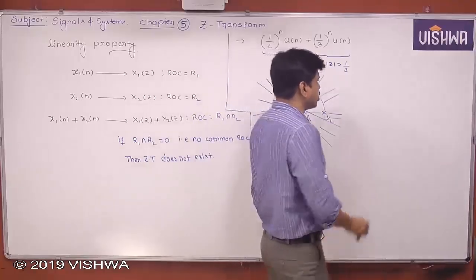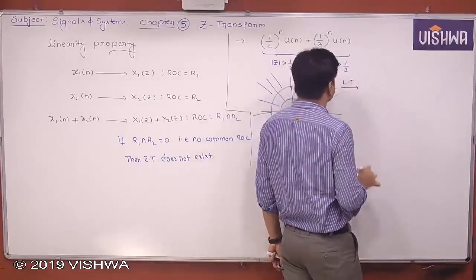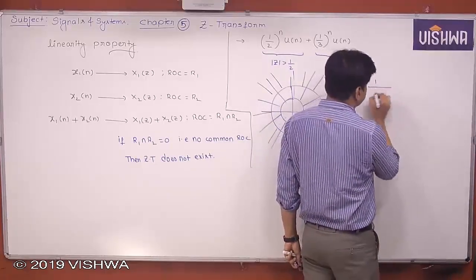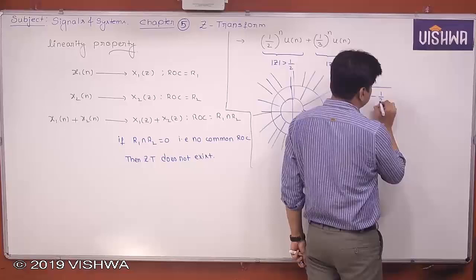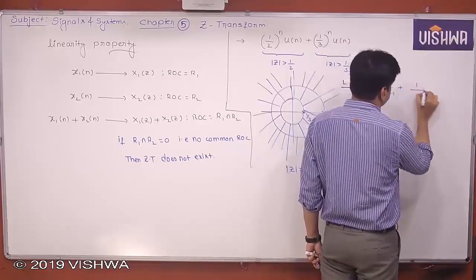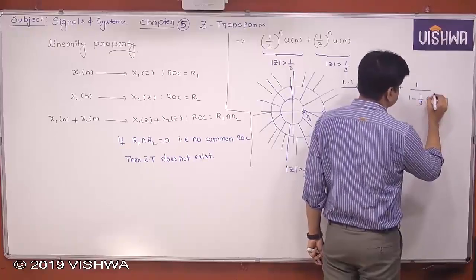Once we have the common ROC, then we can apply the Z-transform on both sides. So what is the Z-transform? 1 by 1 minus 1 by 2 Z inverse plus 1 by 1 minus 1 by 3 Z inverse.